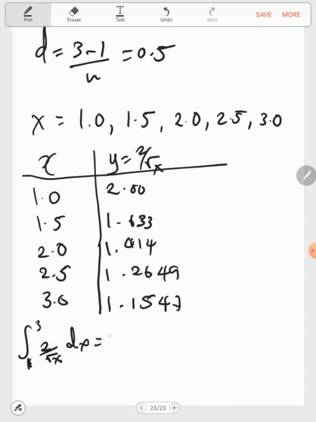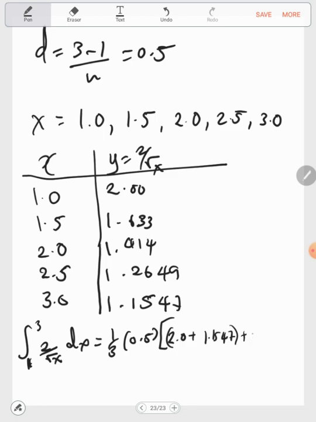So remember, in our formula, we first put 1 over 3 multiplied by the d, which is 0.5. Then we open brackets. Add the first and the last, 2.0 plus 1.1547.